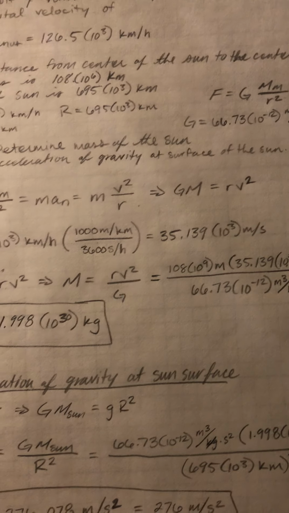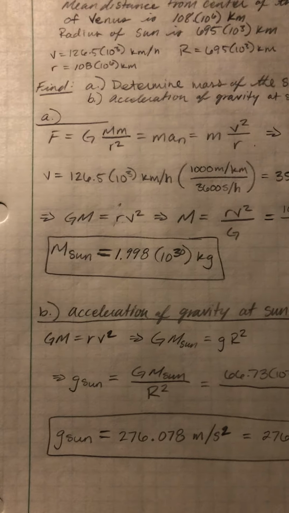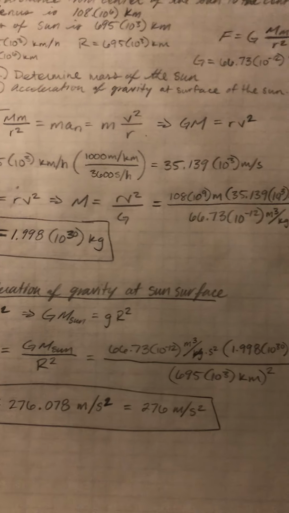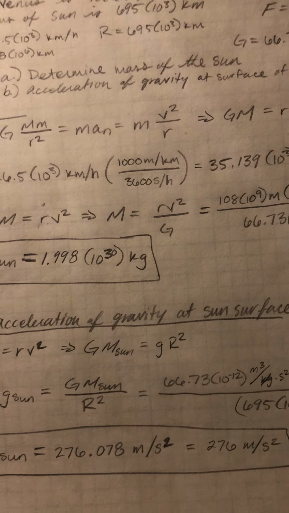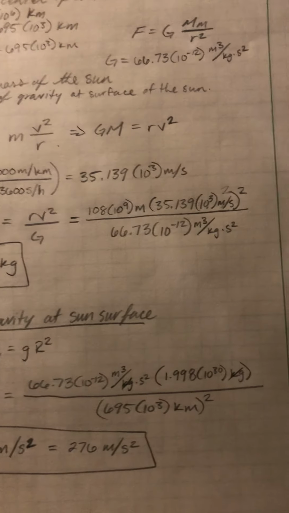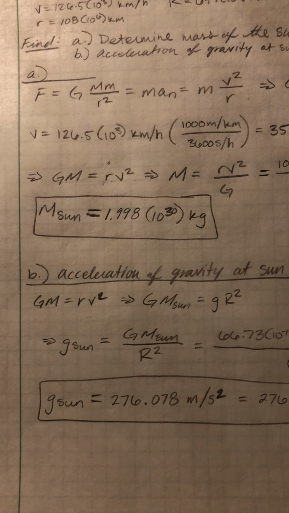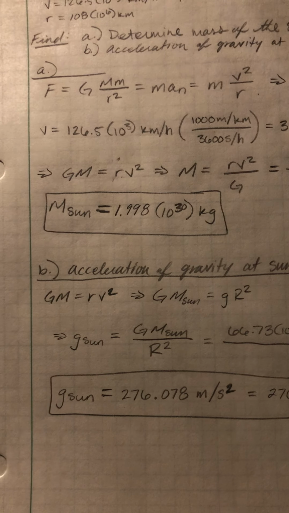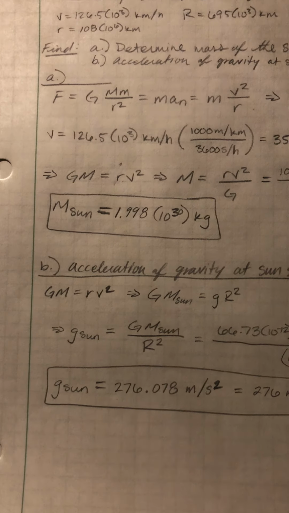And using this, GM equals RV squared, we're able to find the mass, and plugging in our values to this equation, M equals RV squared over G. Solving that, we're able to find that the mass of the sun is equal to 1.998 times 10 to the 30th kilograms.